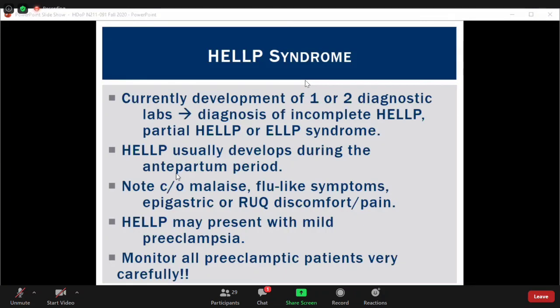Now, unfortunately, like preeclampsia, we do lose patients to HELLP syndrome. So it's really important to make sure that we are on top of this. Last fall, during clinical, we had a patient that started out in labor and delivery with severe preeclampsia, HELLP.